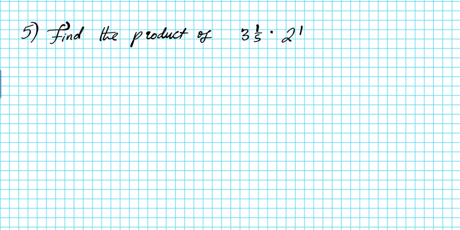Okay, let's take a look at question number 5. Now, what if we're to find the product of 3 and 1/5 times 2 and 1/7, and we are to reduce our results completely.